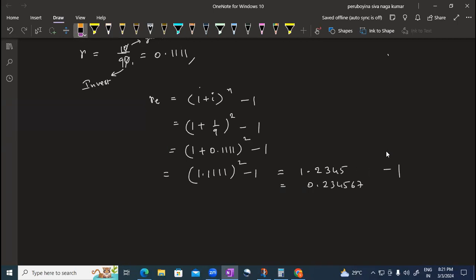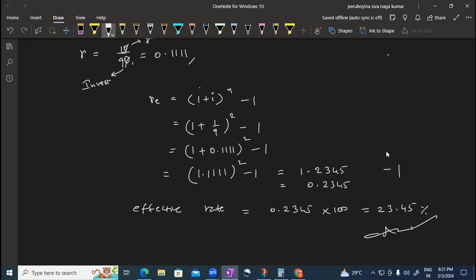Only 4 decimals I considered: 0.2345. And effective rate of interest means you have to multiply the answer by 100. There you get 23.45 percent as the answer.